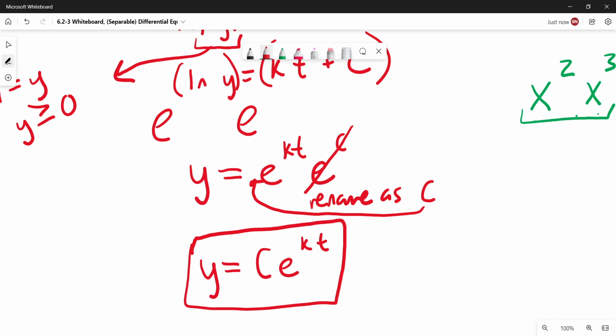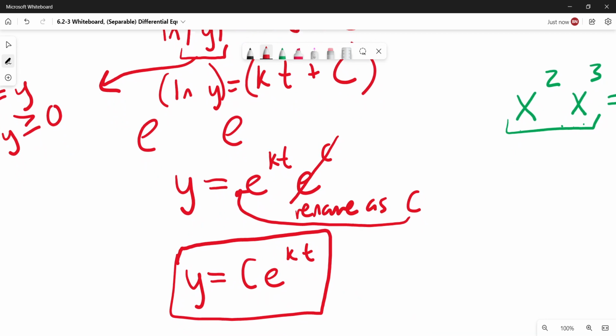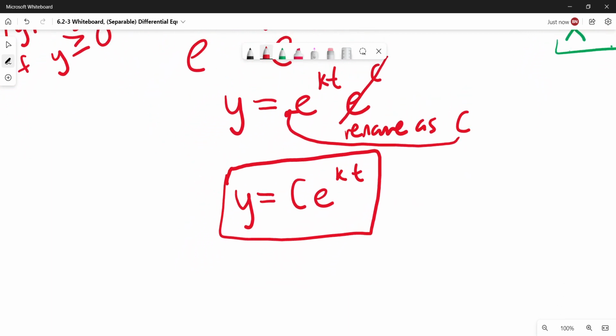This is where we get a c times something, not a plus c. It was a plus c when we had ln y equals, but then we raised e to the power of both sides to isolate y, so that's why we ended up with a c being multiplied instead of added.